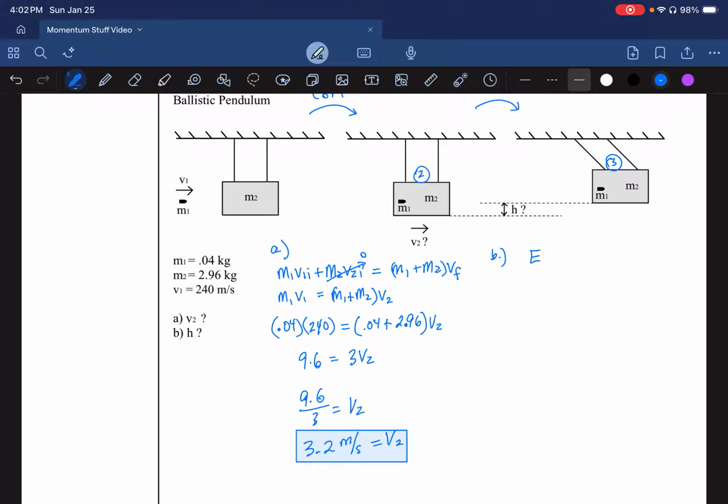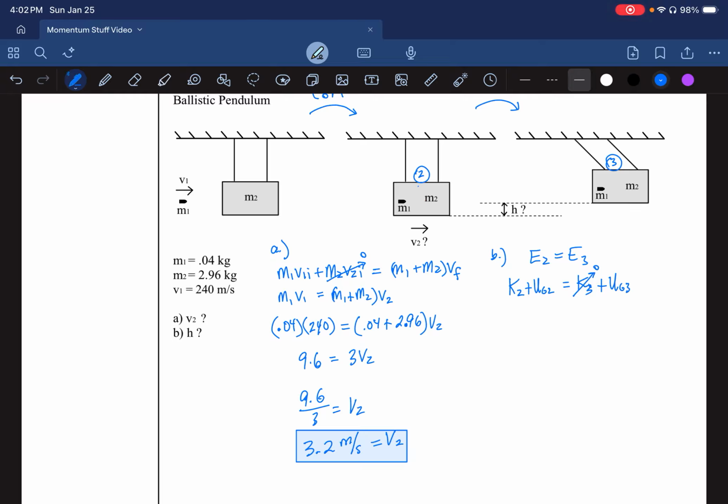And I'll say E2 equals E3. Okay, K2 plus UG2 equals K3 plus UG3. And the pendulum essentially moves up until its speed is 0. So it's just its maximum height. That's what h is. So up here it's going to have zero speed.